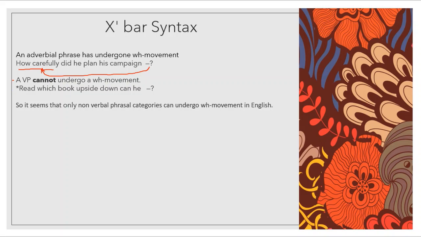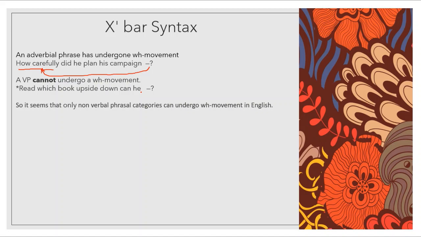But a VP cannot undergo a WH movement. So we have noun phrase, prepositional phrase, adjectival phrase, adverbial phrase, all of these can move. Except the VP, the verb phrase, it cannot move from its place. We can't say read which book upside down can he.